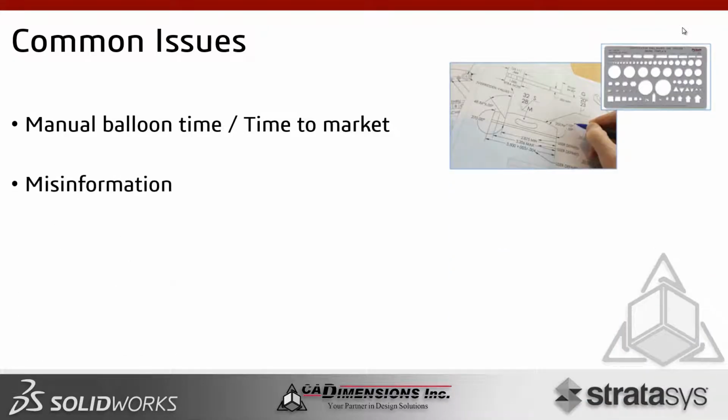And because you are doing it manually, humans are not correct all the time. Human error plays a factor, and there sometimes is misinformation, whether it comes down to manufacturing issues or an issue with inspection along the lines. There's typically always some sort of misinformation.